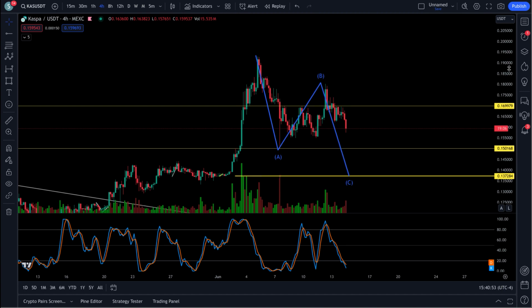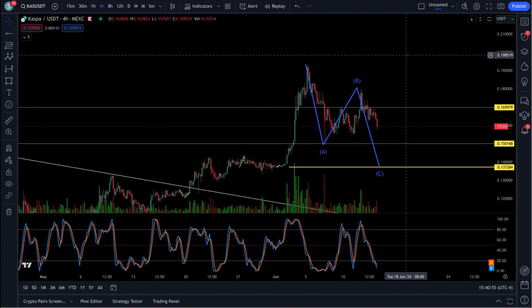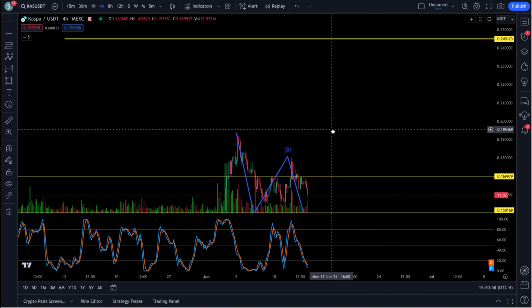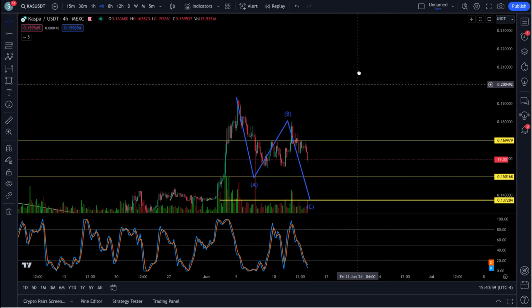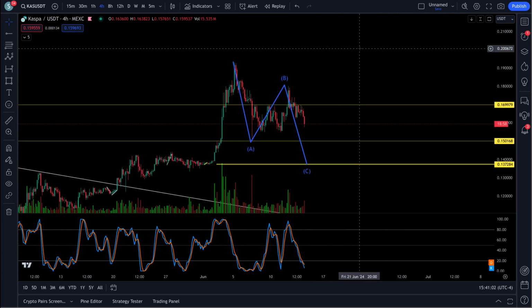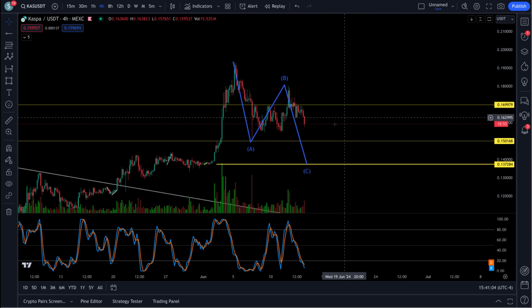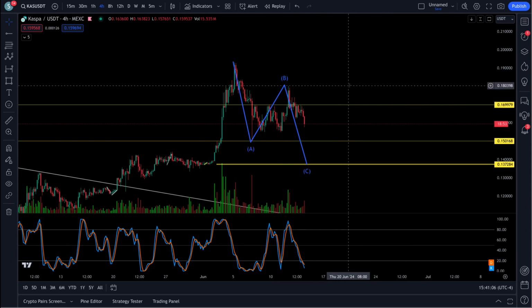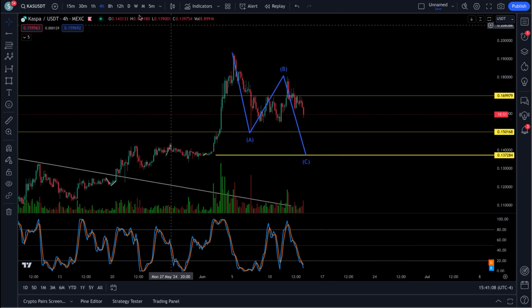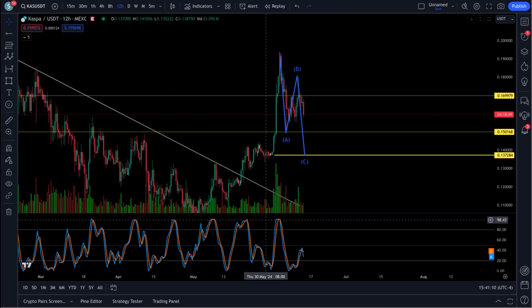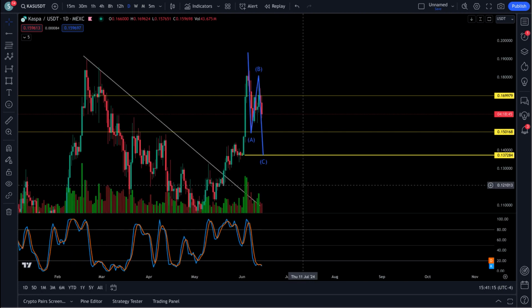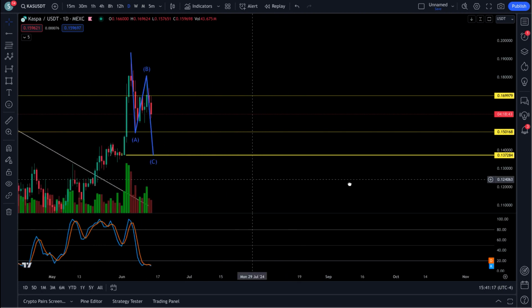Then we'll be heading towards that 20 to 24.5 cent range next. That would be the next target after we complete this ABC down. So it could be down for a few days. You got your 12-hour rolling over, and that daily's right down there. So this could happen fairly quick.